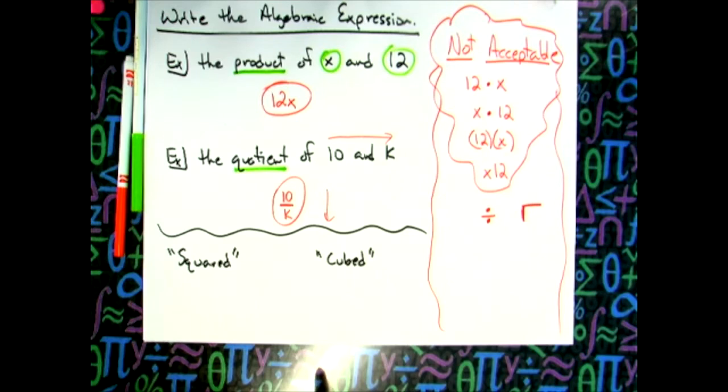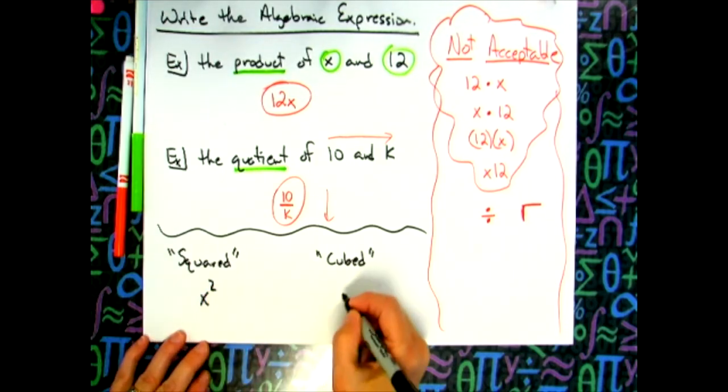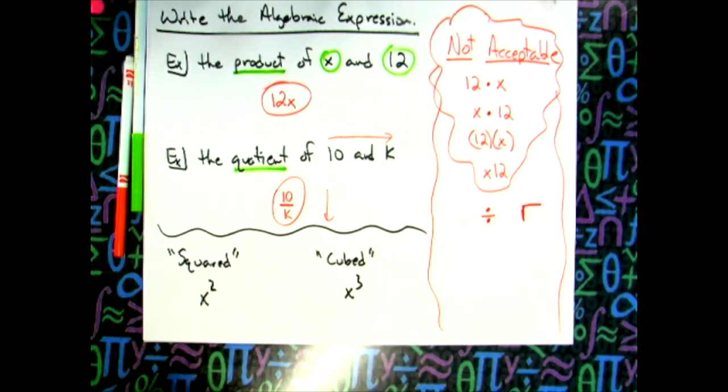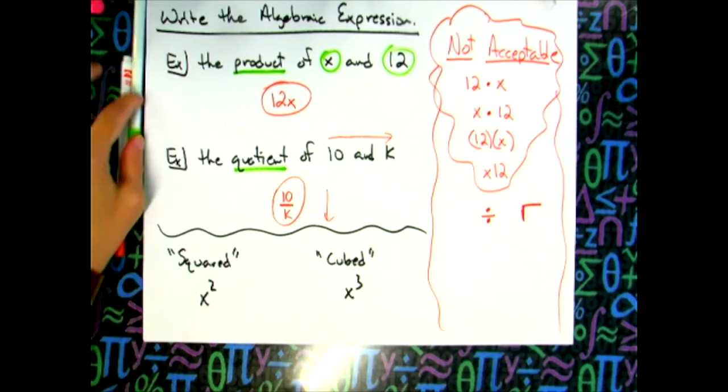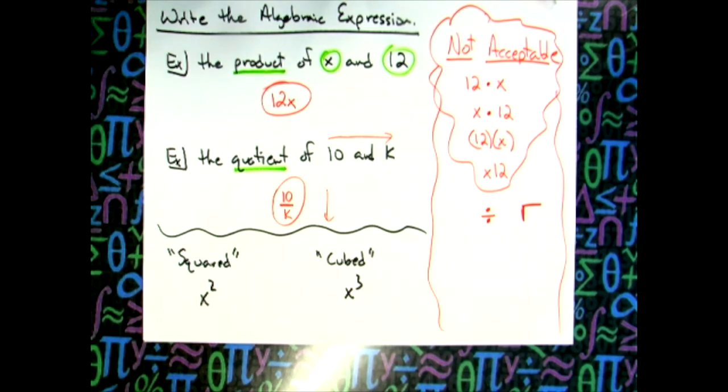And cubed is 3. So this would be an x squared. This would be an x to the 3rd power. So that comes from your vocabulary with exponents. So those are expressions. And just 2 examples. If you need more examples, you can download the textbook and see lots of them. You can download that PowerPoint and look at lots more examples of that.